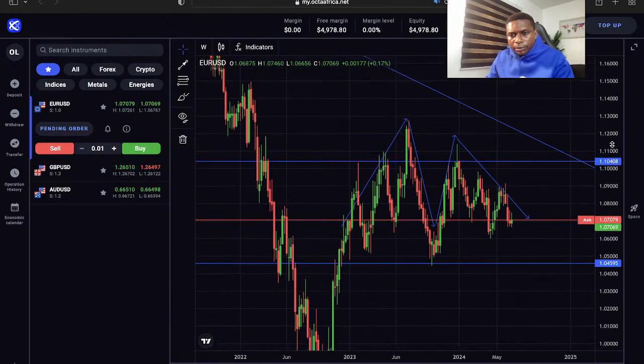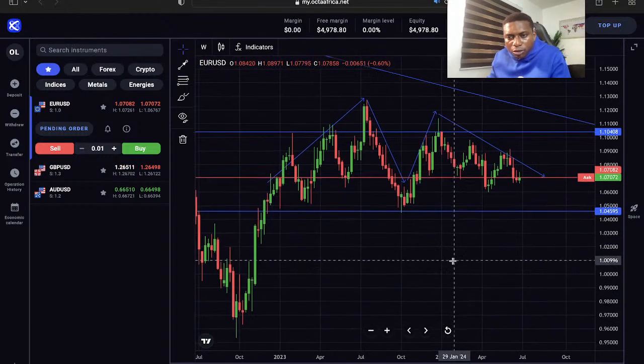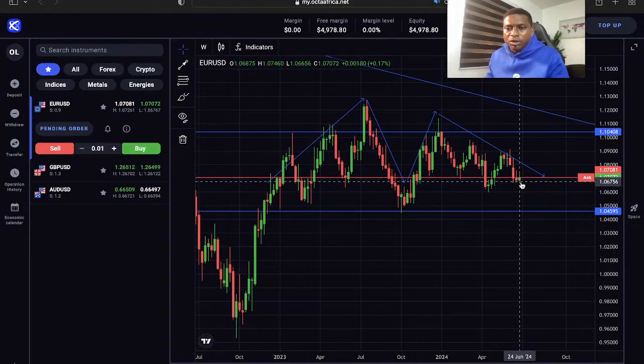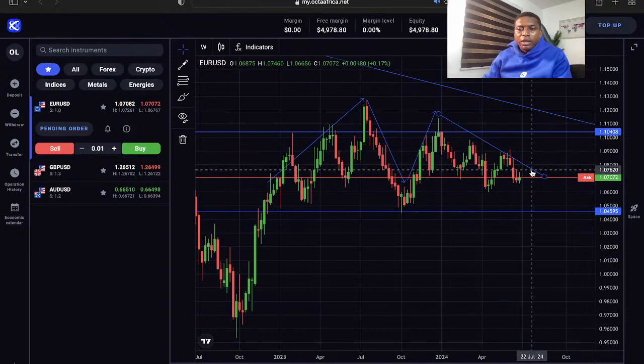Looking closely at the chart, the weekly candlestick, what do you see on the weekly candlestick? In the last few candles, you can see clearly that the last 3 weeks before this current week have been bearish, with so much bearish momentum coming in.